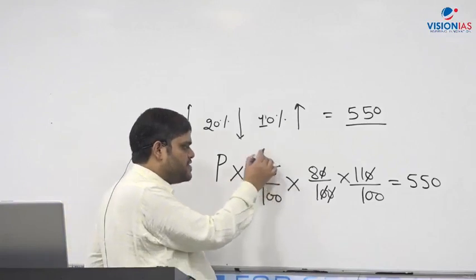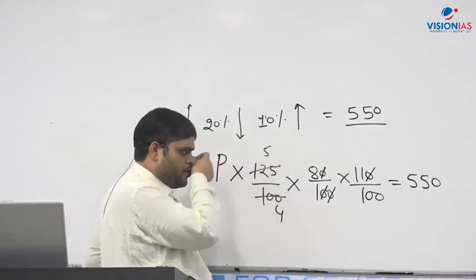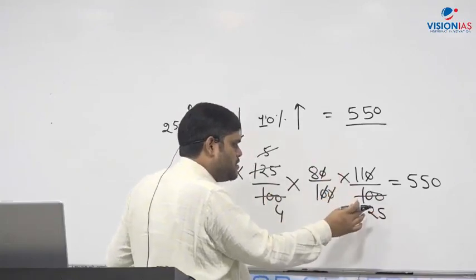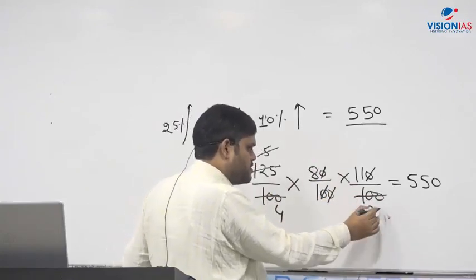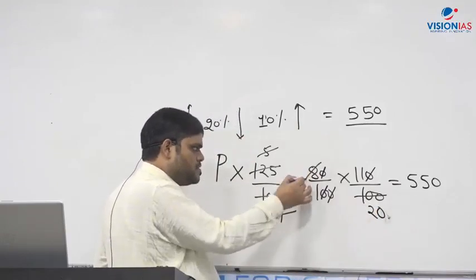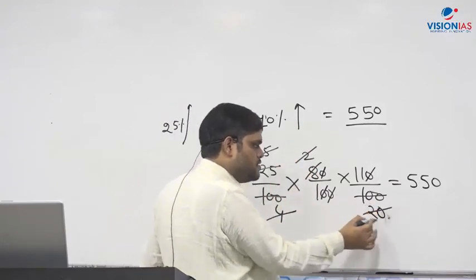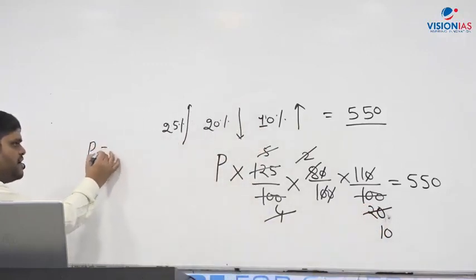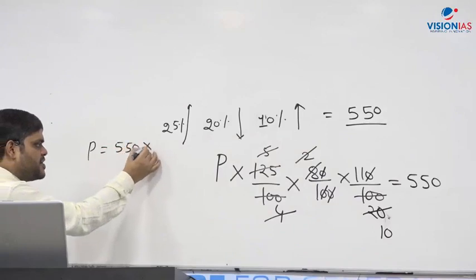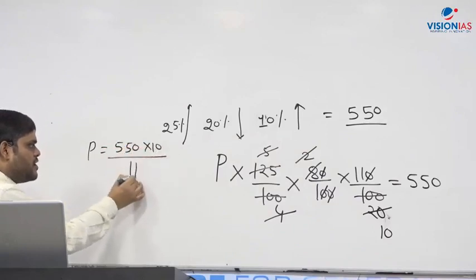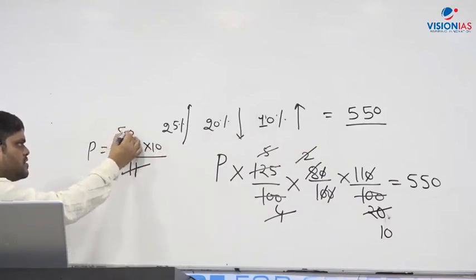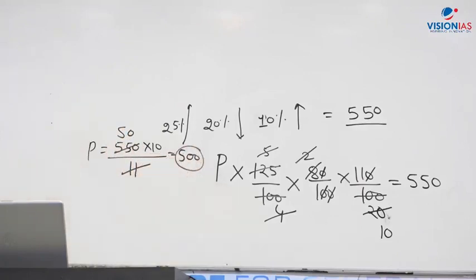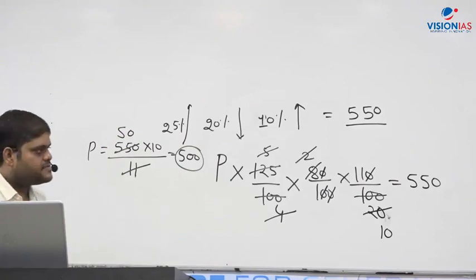We can solve this further: 5, 4, 20. So what is the value of P? P becomes 550 into 10 upon 11, and the answer becomes 500.